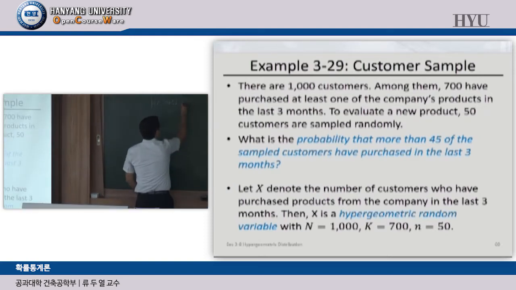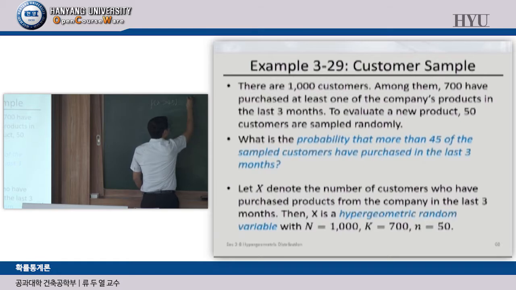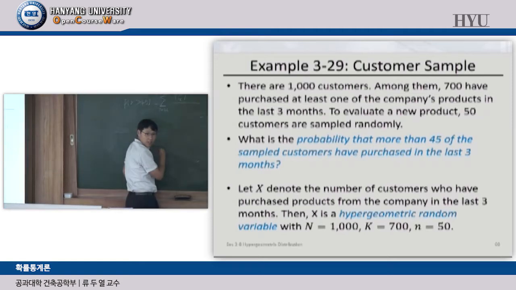So this can be the summation of X from 46 to 50 of large K choose X, that is 700 choose X. Large K is 700 here.